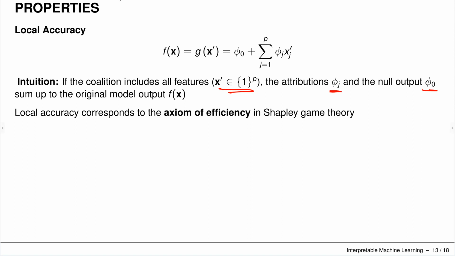So basically, if you include all of them, you get the actual prediction. And this is similar to the axiom of efficiency in the Shapley game theory. That was that all the Shapley values sum up to the total payout. Here, the total payout is always the model output f of x.